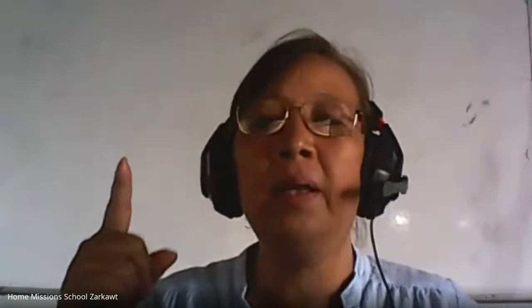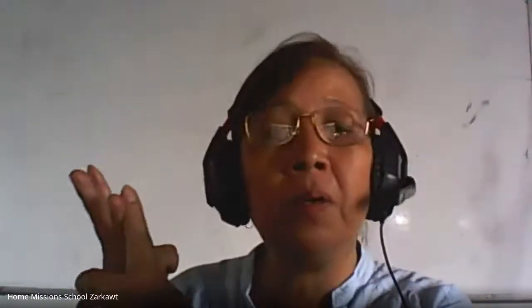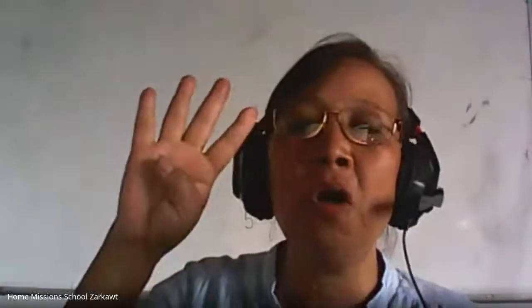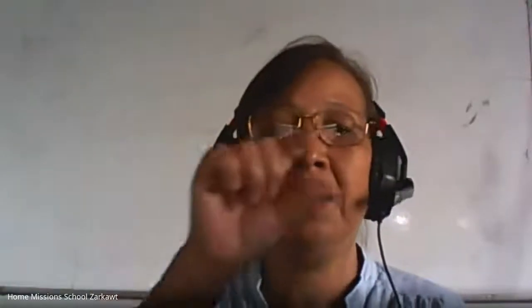Now, sentence. Okay, we are going to make sentences like I am a teacher. I is one word. Am is the second word. A is the third word. Teacher is one word. So four words are there. I am a teacher. It is one sentence.